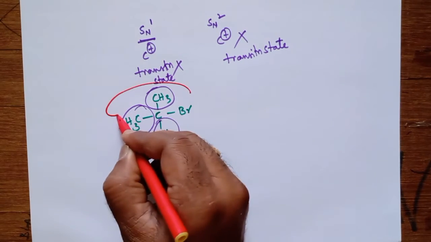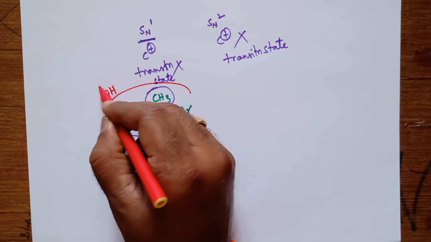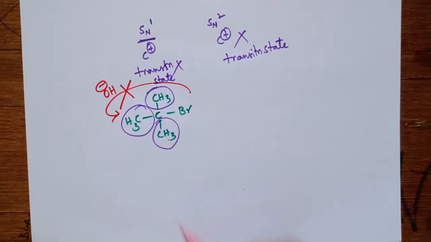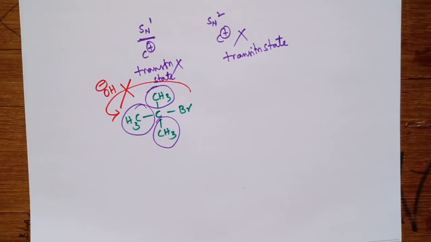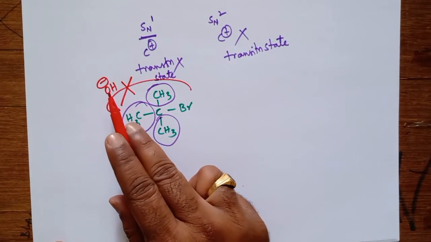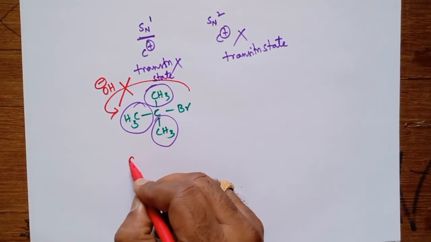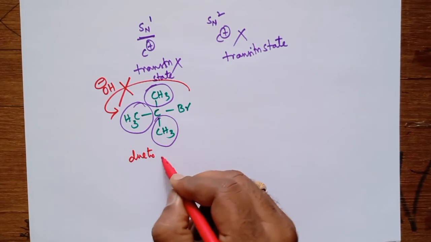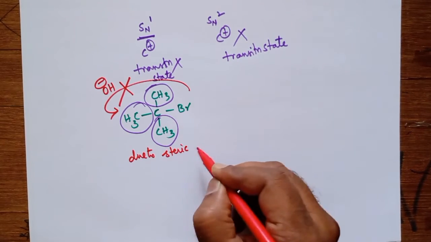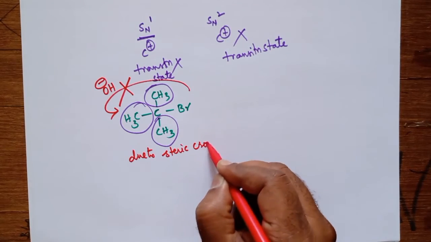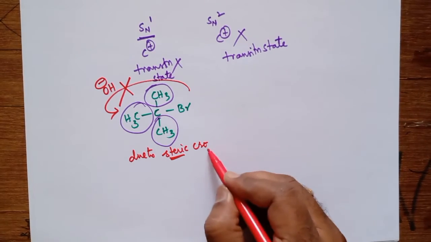So there is no cleavage of bromine and adding of OH minus does not take place, due to steric crowding. Steric means space problem.